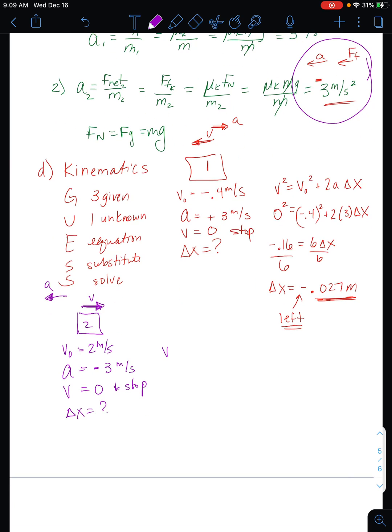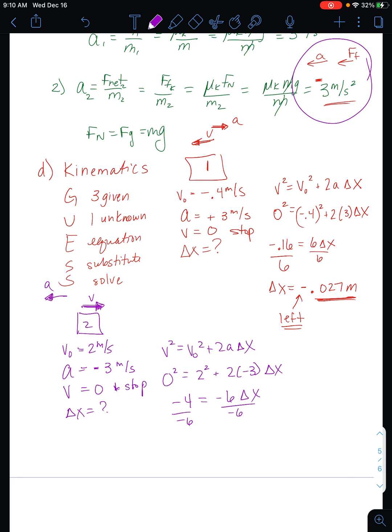So it'll be that same equation because we have our same variables, and we don't have time or need to know time. So we've got 0 squared equals 2 squared plus 2 times negative 3 times delta x. So we'll subtract 4 over, and then we'll divide both sides by negative 6.